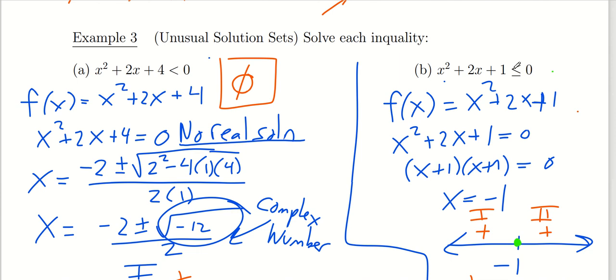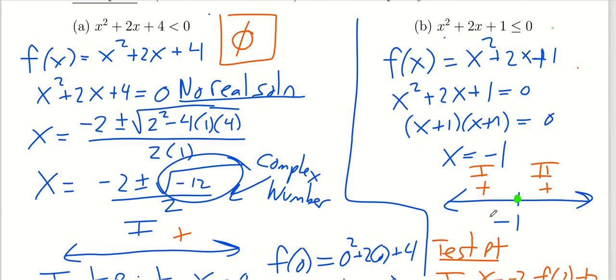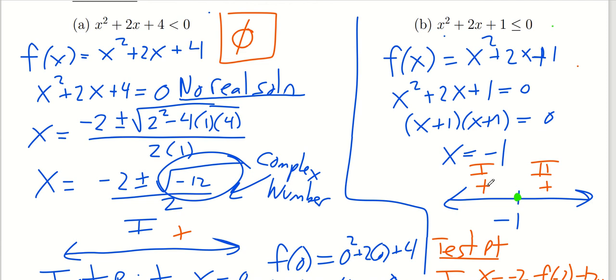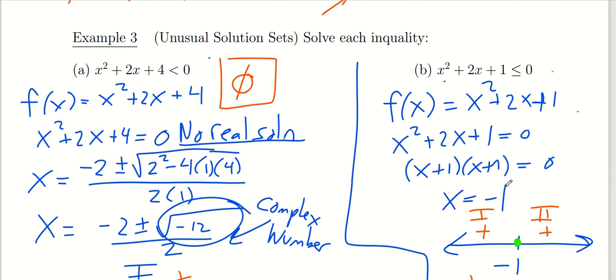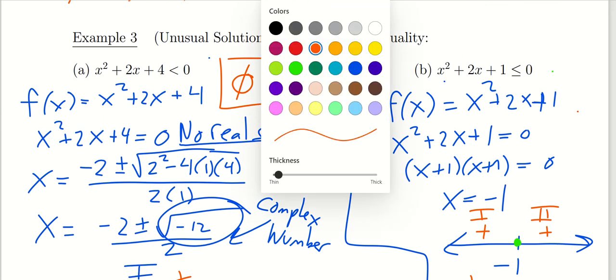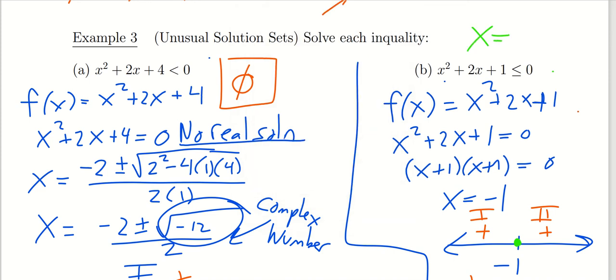So we would need the intervals on which the function is negative, and there aren't any intervals. All we end up with is a single point, and that's going to be the point x equals negative 1. So a little bit unorthodox, but it turns out that for this particular inequality, we get exactly one solution, which is just a singular number, x equals negative 1.